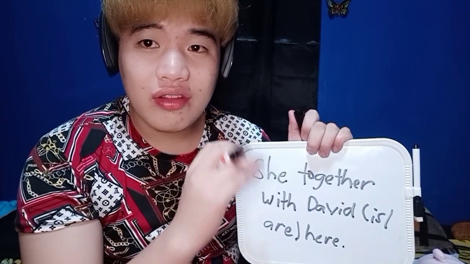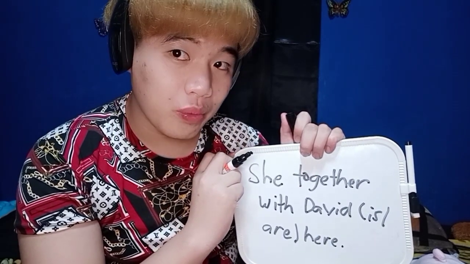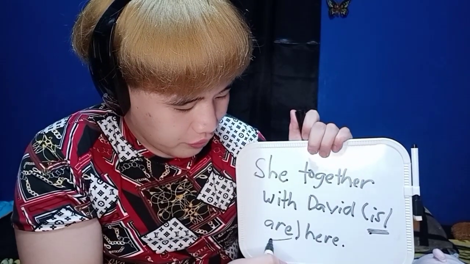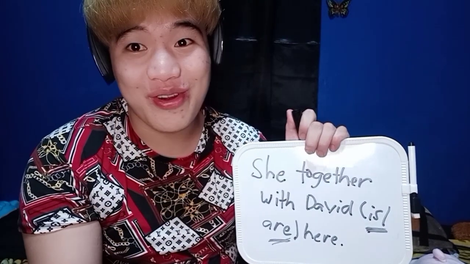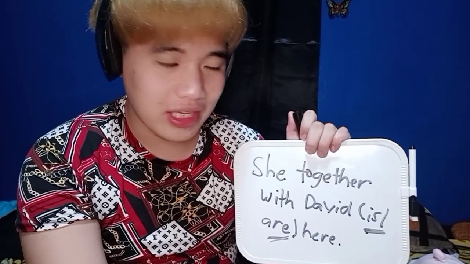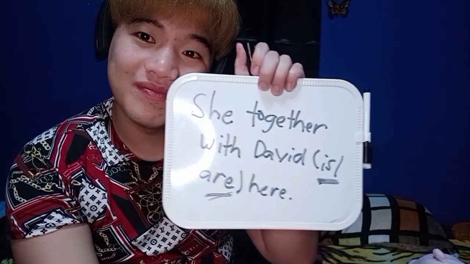The importance of knowing the subject in a sentence is for us to determine what verb we are going to use. Are we going to use the singular "is," or are we going to use the plural "are"? If it's the wrong subject, it's the wrong verb. So always remember the verb follows the subject in the sentence. In this case, do you think that it should be "are" or "is"?